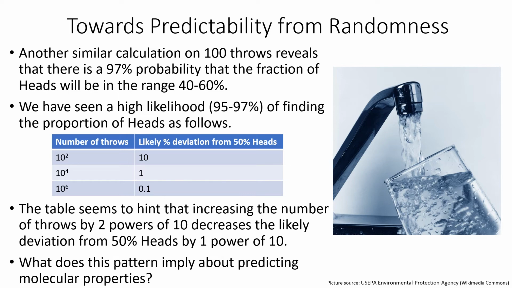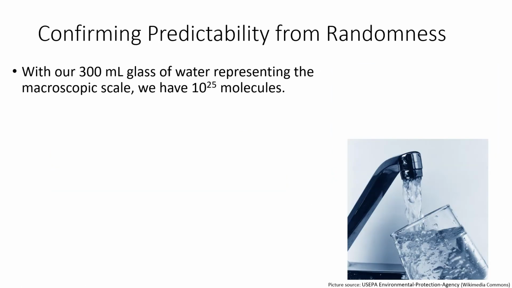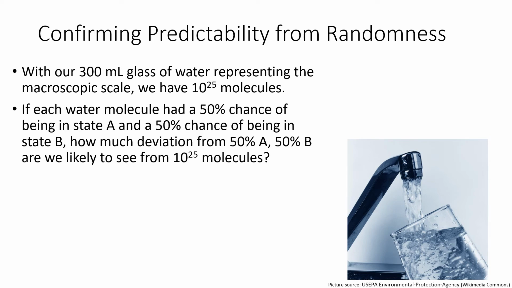And so, what does this imply about predicting molecular properties? Well, let's have a think. We can do a kind of thought experiment here. With our glass of water, we had 10 to the power of 25 molecules.